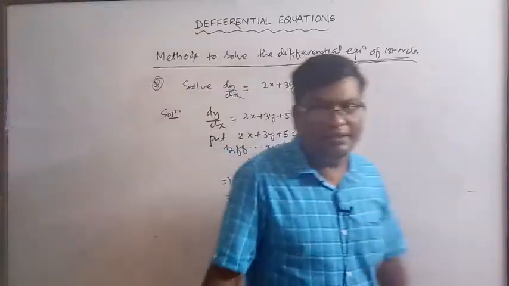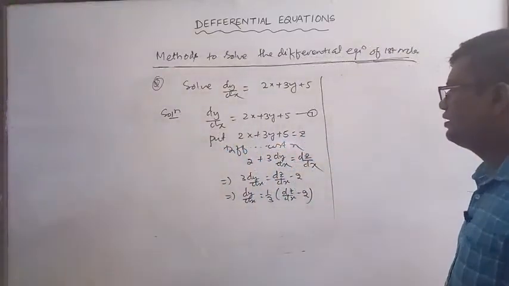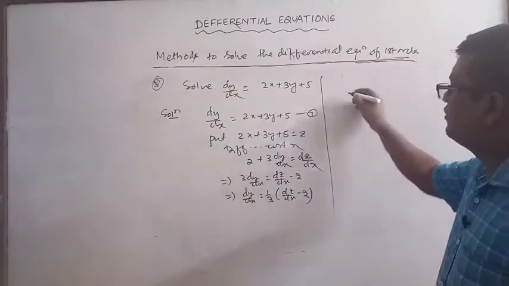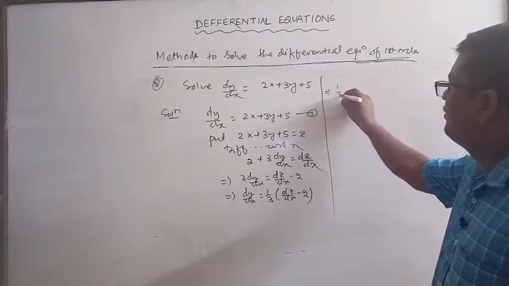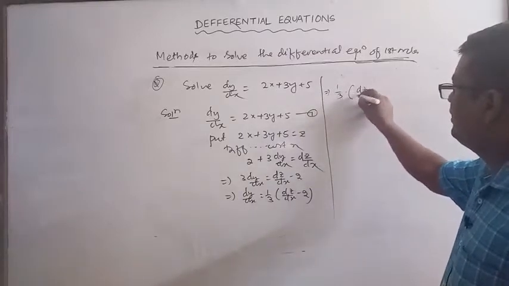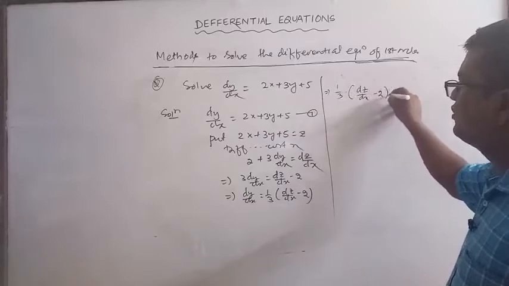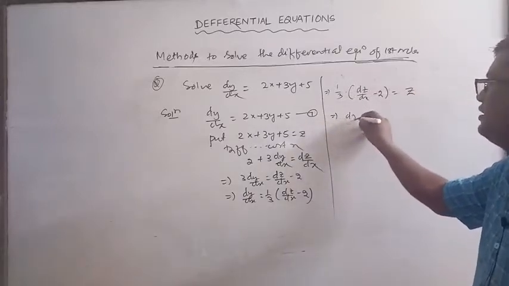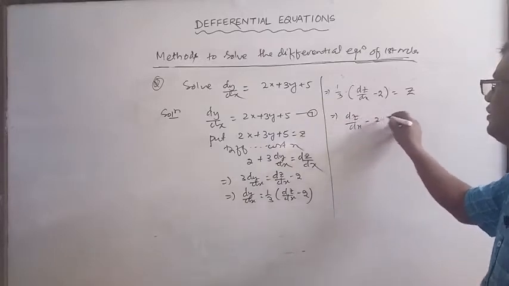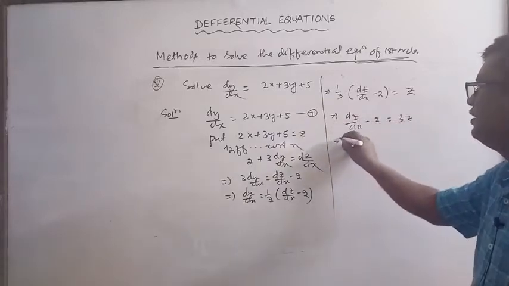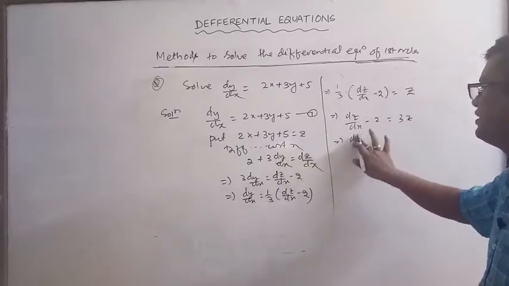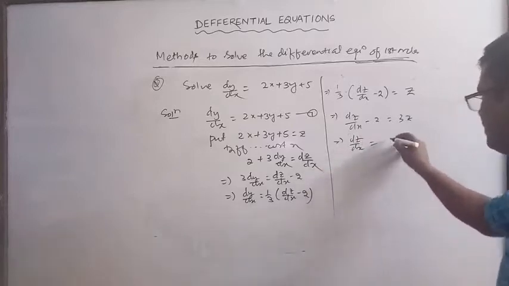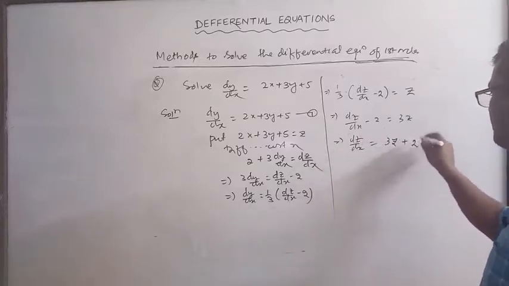Put dy/dx in equation 1. So what happens here? (1/3)(dz/dx - 2) = z. That implies dz/dx - 2 = 3z, so dz/dx = 3z + 2.